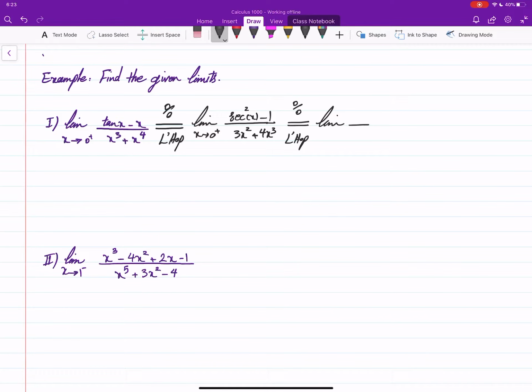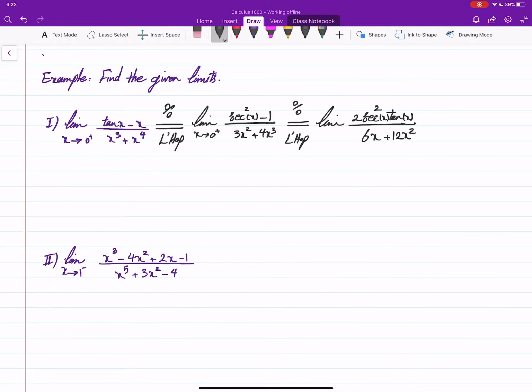The derivative of 2 secant x squared is 2 times the derivative of secant, which is secant x times tan x, times secant to the power 2 minus 1. So that means there will be another secant. That's why I can write secant squared here. And this will be 6x plus 12x squared.